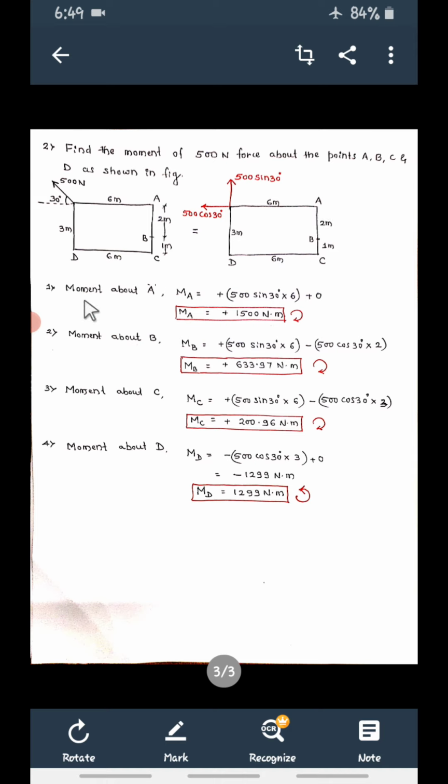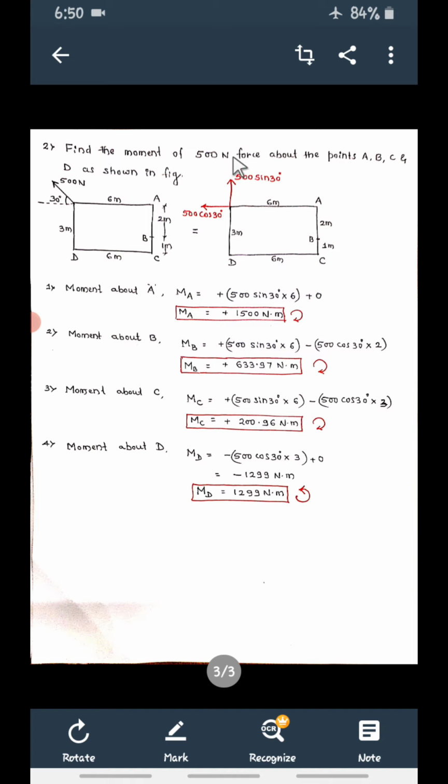First, moment about A, that is MA. You have to take the forces one by one. First I will take 500 sin 30. What is the perpendicular distance between this 500 sin 30 and point A?